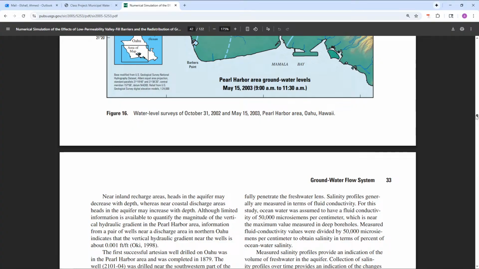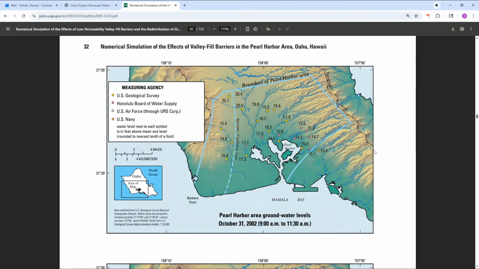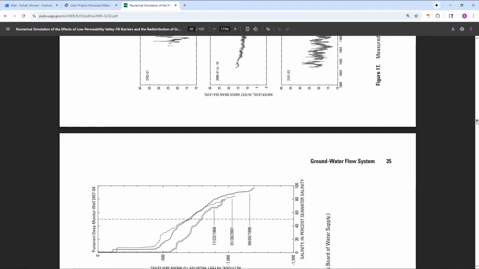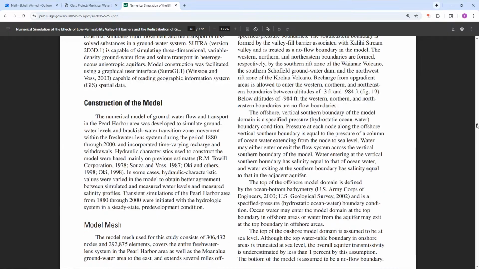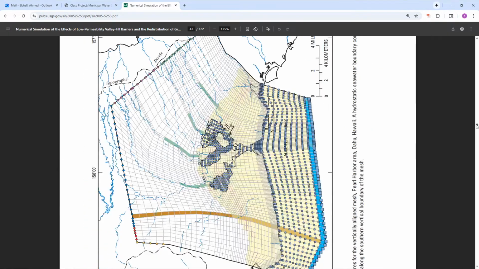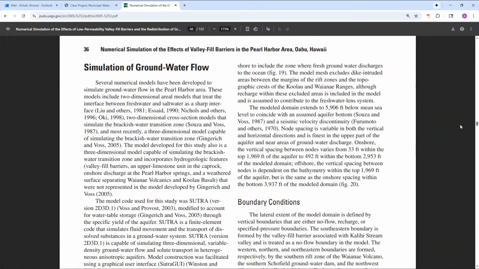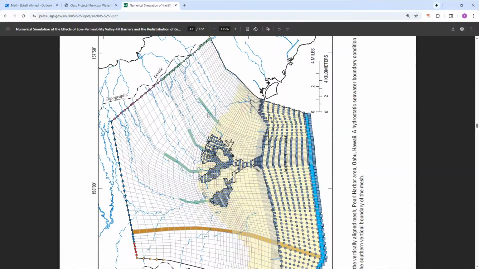Basically, this is the head data that was measured, and it is shown to you here. And what is this one? This is the model grid. It shows you the model grid and the boundary conditions. So you see here, this is the model.